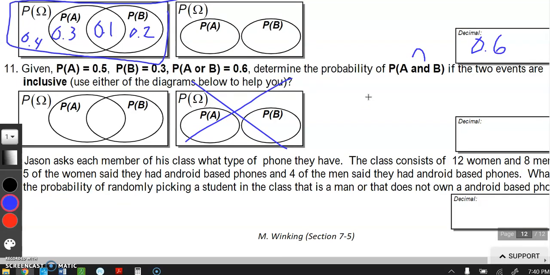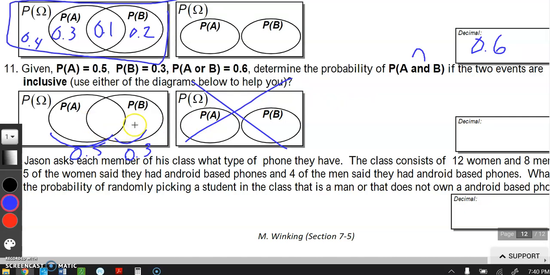So, we have to think about this here. So, if A is 0.5, all of probability of A is 0.5. All of probability of B is 0.3. There's some math we gotta do. We have two unknowns.